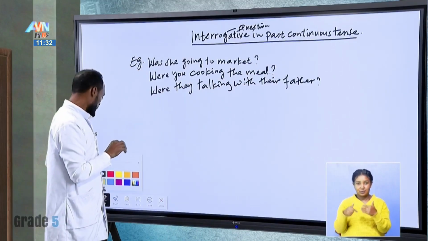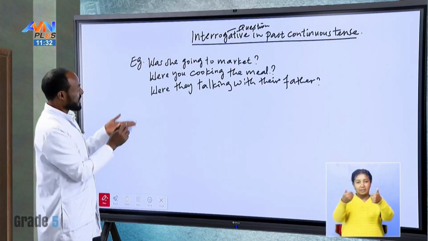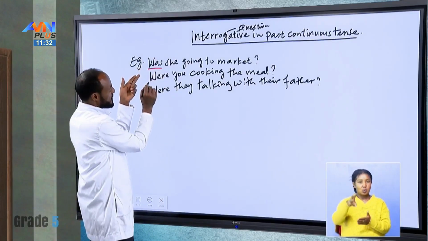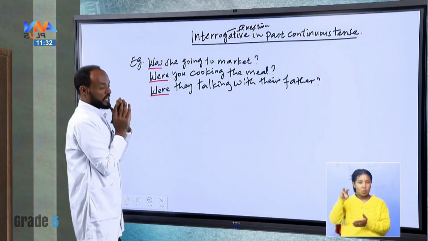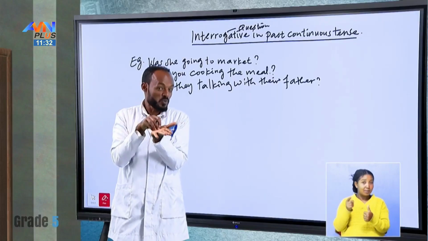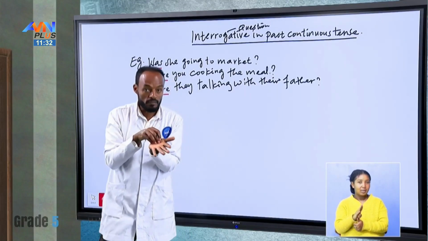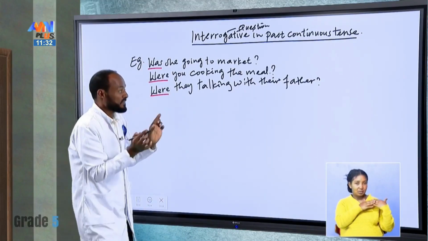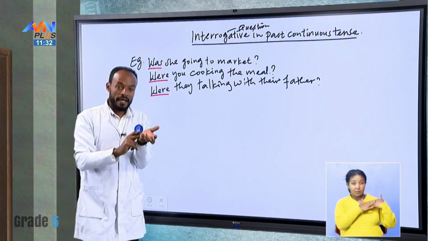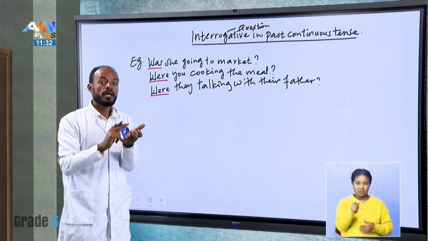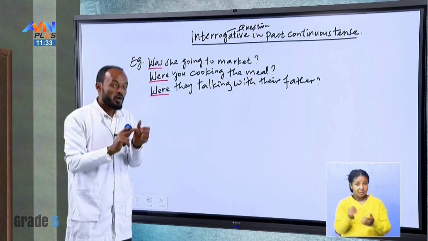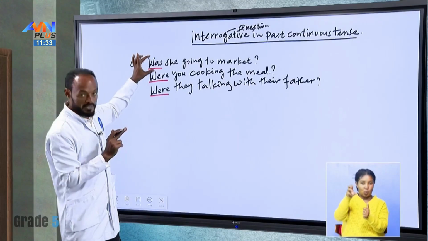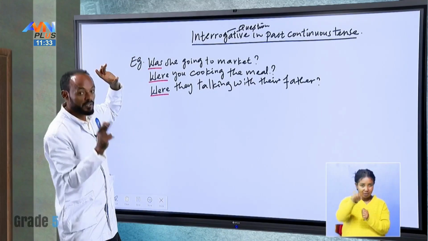So now we are going to identify the function here. Was, were. We started from the verb to be. It depends on the subject. If the subject is I, she, he, and it, we have to start from was. Am I right? Bravo.